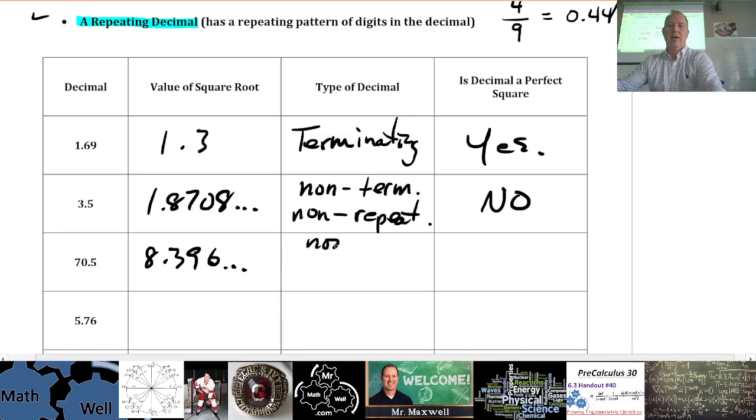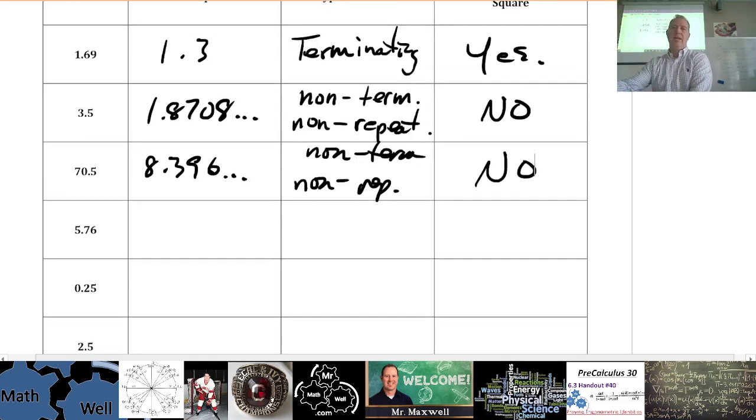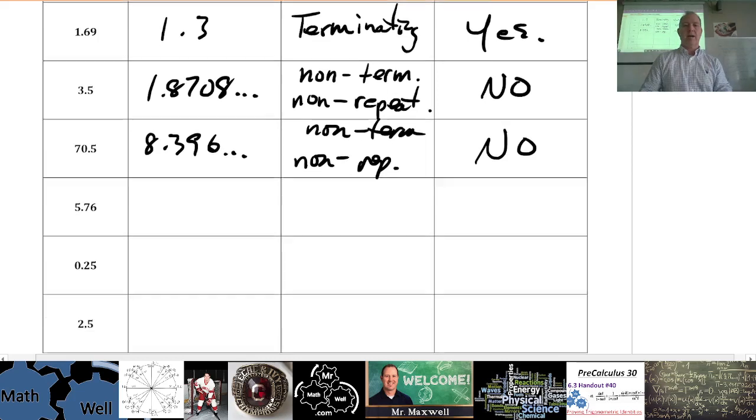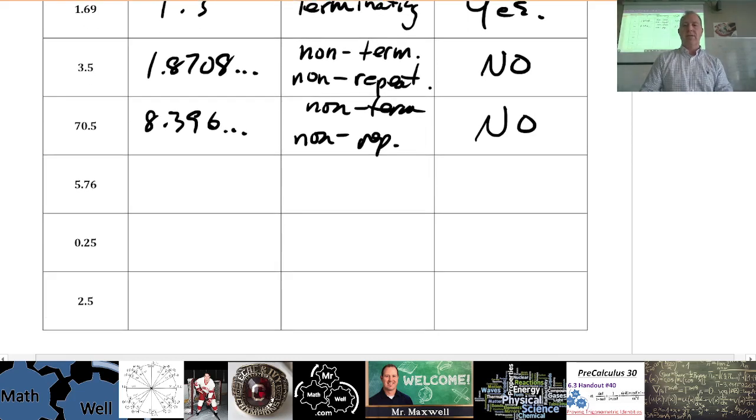So again, non-terminating, non-repeating. It looks like no. Our best guess would be no, and again, we can't see all the digits, I get it. Okay, 5.7, tell you what, you guys do the rest of these. Fill out that chart, and I'll show you what my answers are in a second.